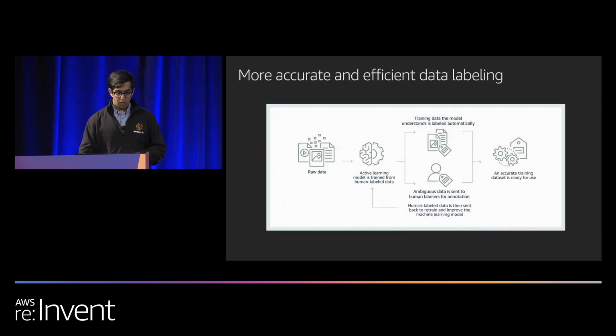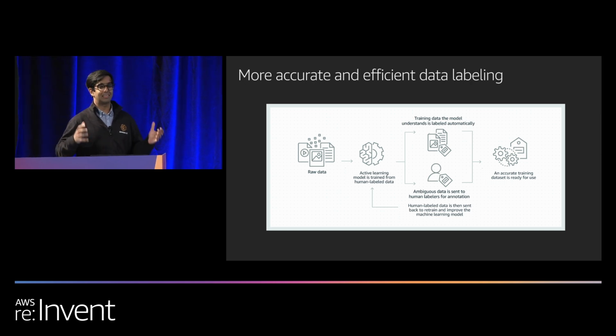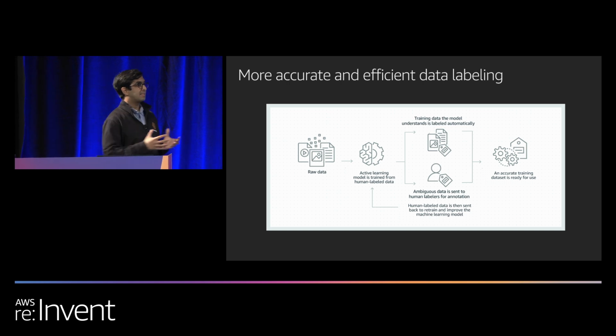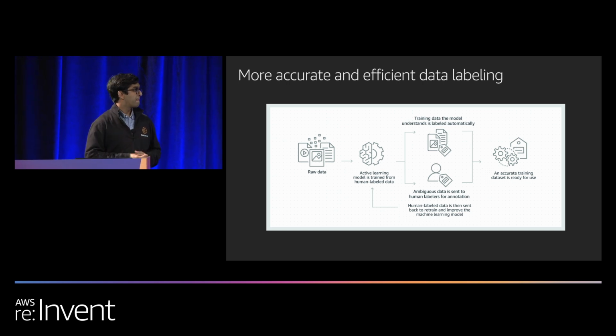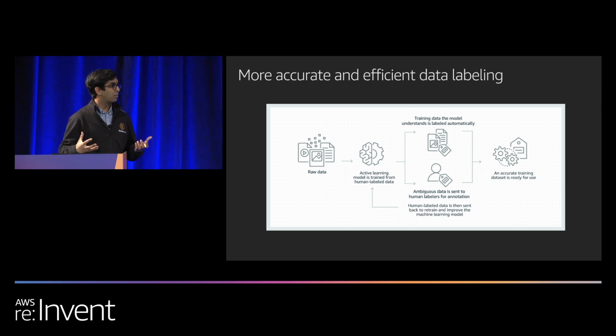To put this all in context, what we have is the notion of a data labeling job, right? And that data labeling job takes raw data out of S3, performs the labeling on it, and you configure how the labeling's done.